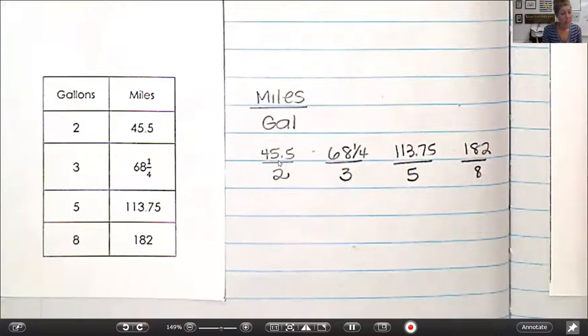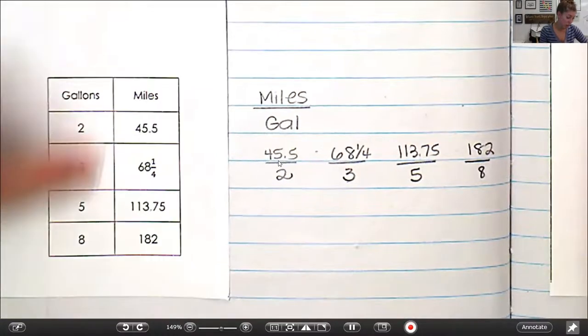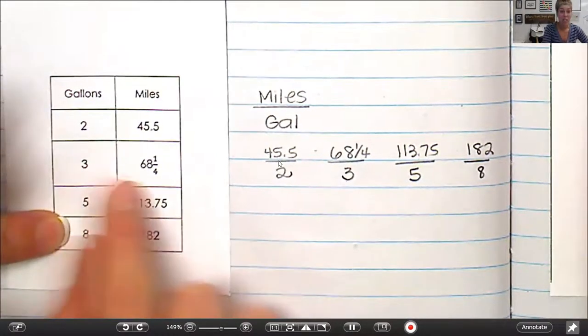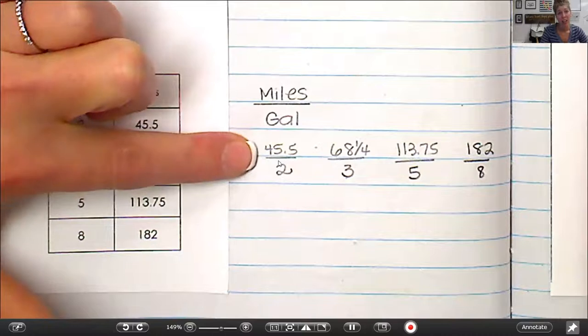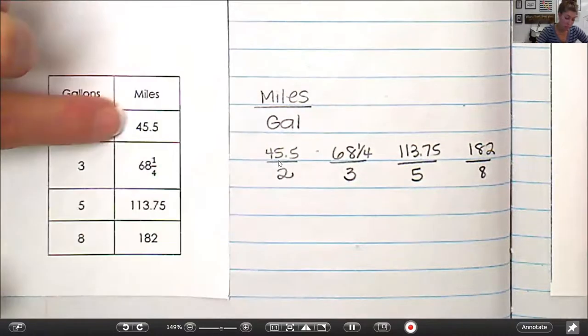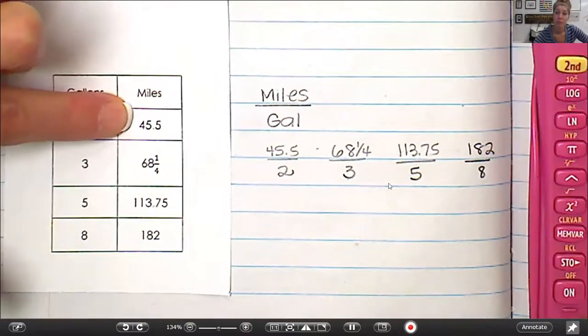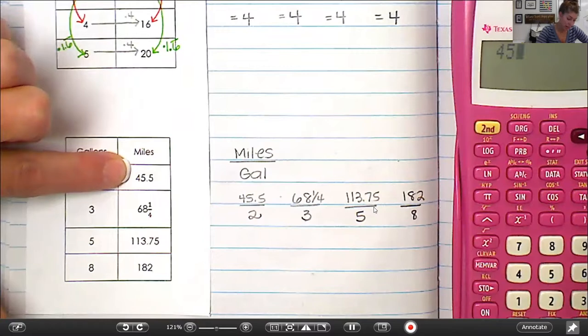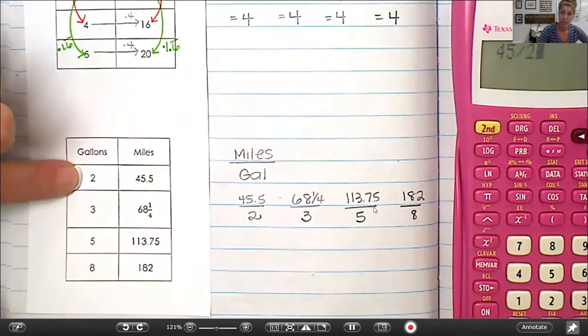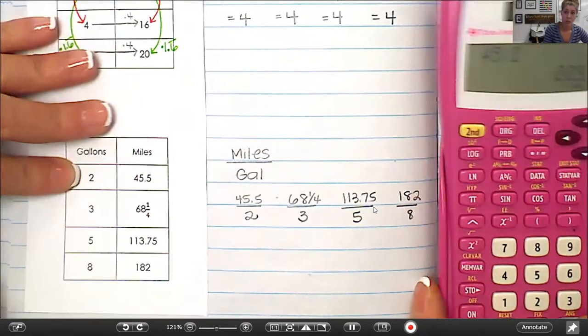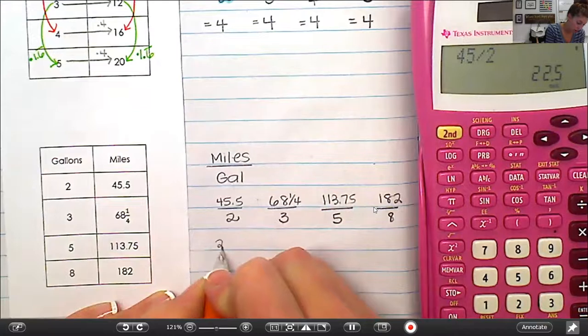So this is a perfect example of, man, I don't see one pretty multiplier in any direction. So I'm really going to utilize this unit rate method. Miles divided by gallons. So I have 22.5 for that first one.